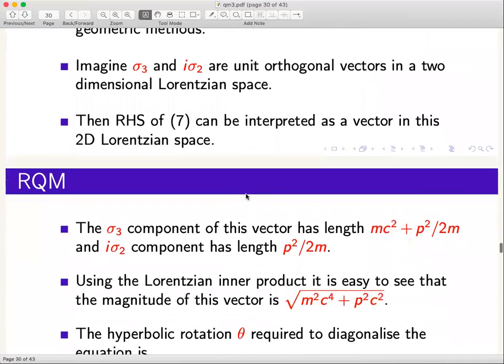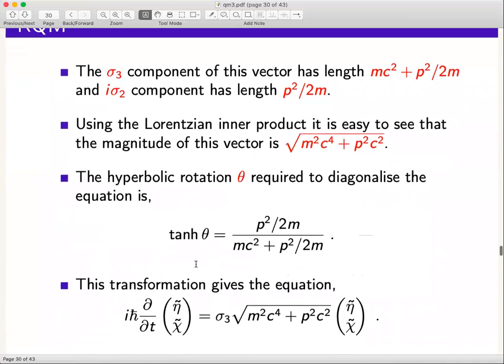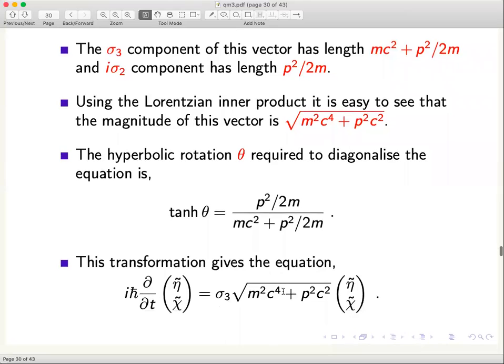Fine. So where were we? We figured out that this is the equation, and you can see this equation is not covariant at all, because there's a del t here, and the expression is written in this particular form. Now you would say that formally it is covariant, in the sense that if I had taken E squared equal to P squared C squared plus M squared C to the 4, and taken a square root on both sides, this is how this equation would look.